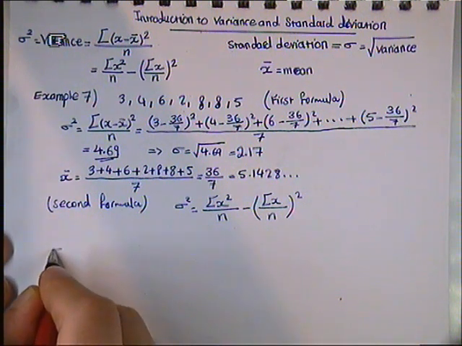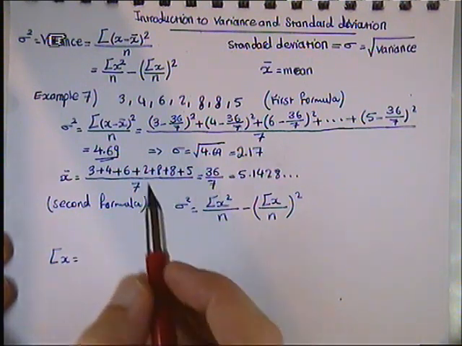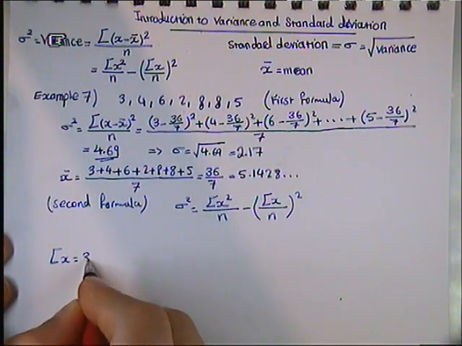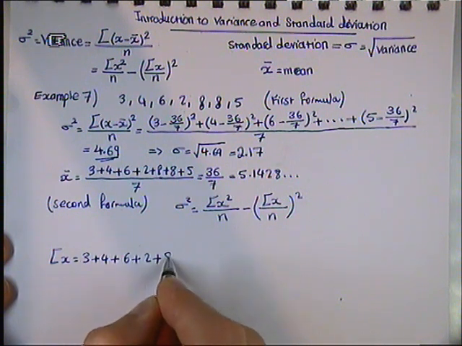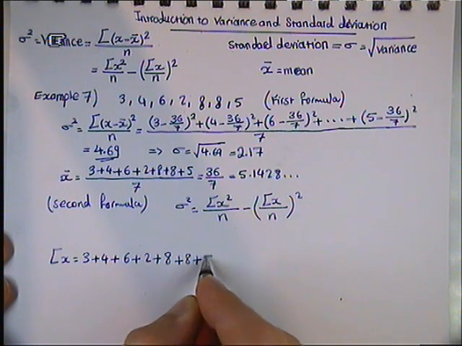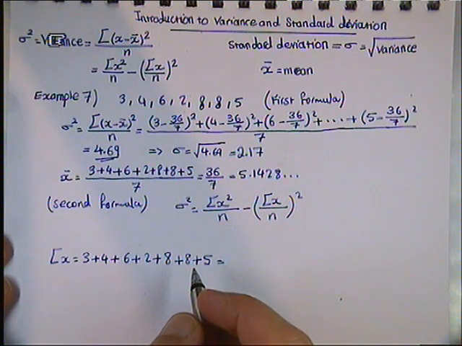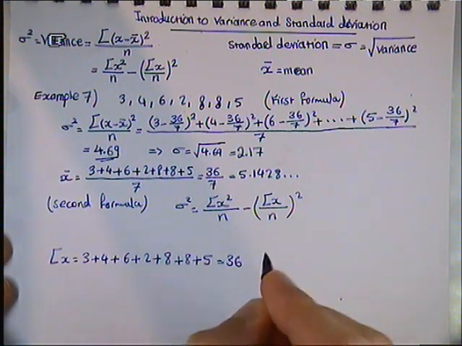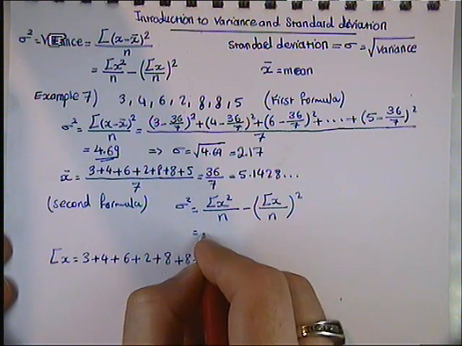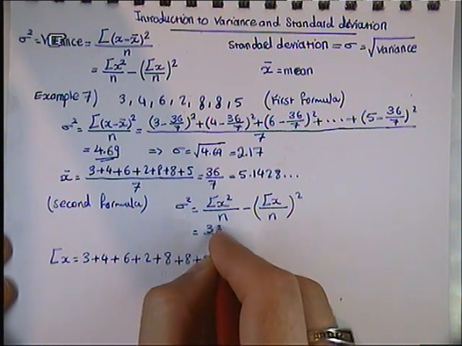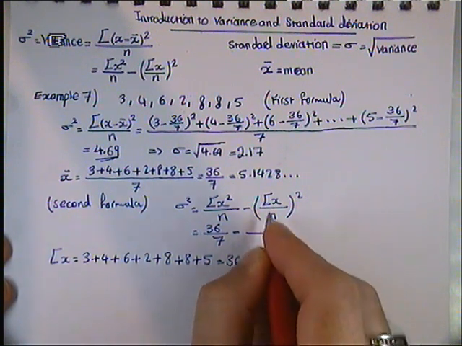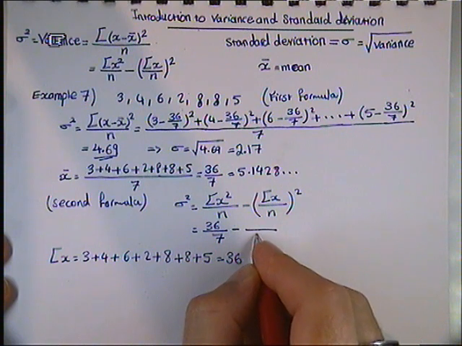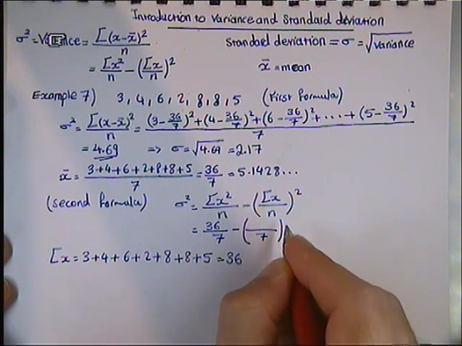So the sum of x means, these are the x values, 3 plus 4 plus 6 plus 2 plus 8 plus 8 plus 5, which we already worked out is 36. So it becomes 36 over n, n is 7, minus, I need this value over 7 again, and I will square this.